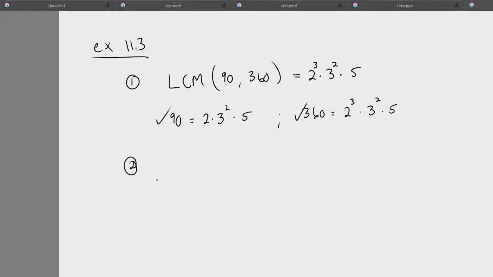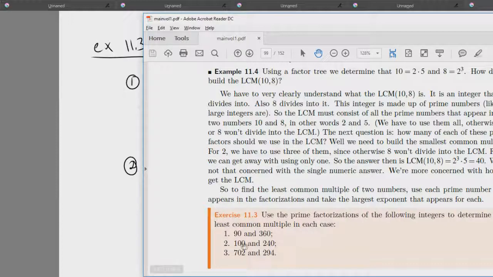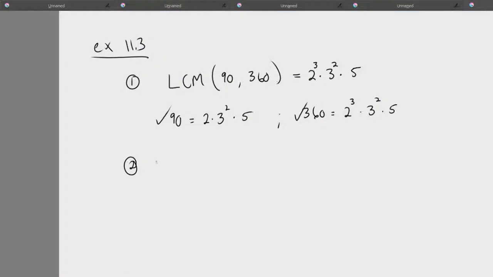Okay, let's do some more examples and see if we notice anything. The LCM of 100 and 240.